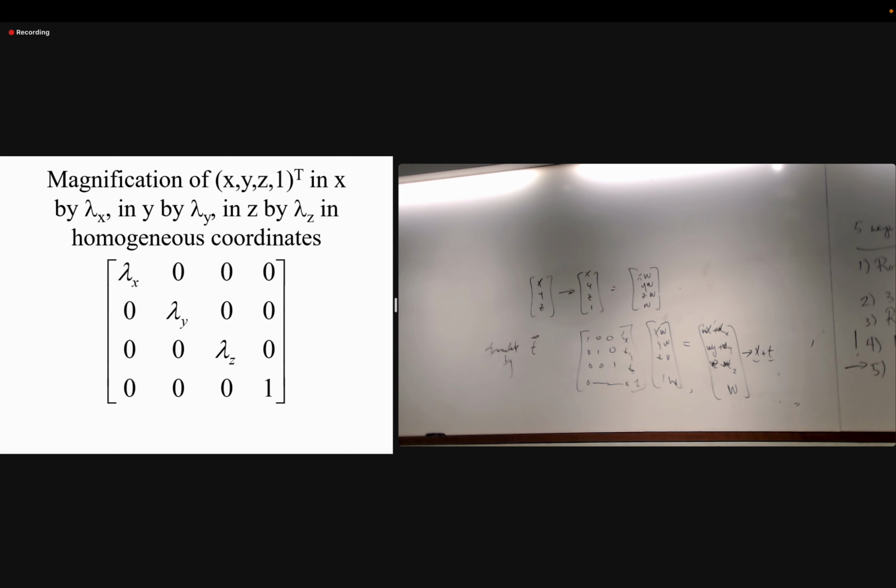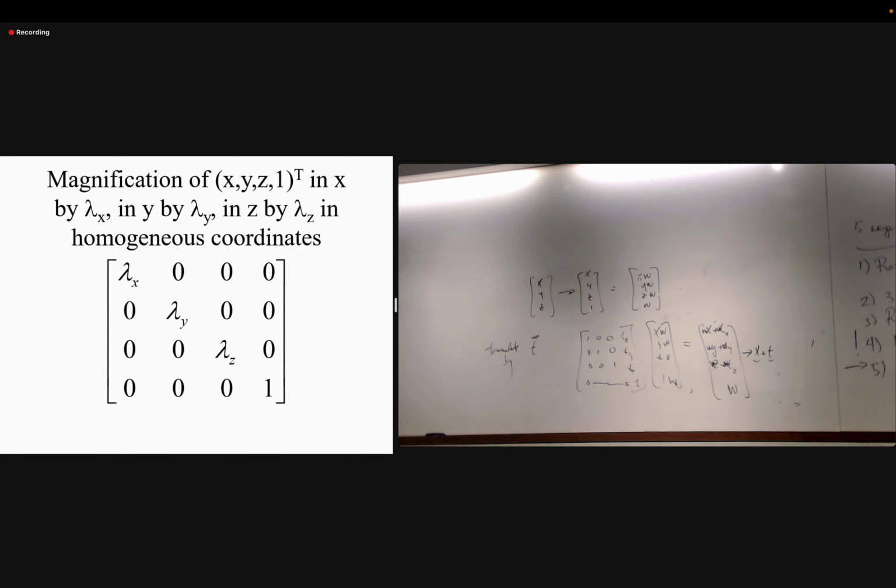The next thing is magnification, non-uniform magnification, with one magnification factor in the x direction, possibly a different one in the y direction, and possibly a different one in the z direction. We've seen the importance of that for affine transformations.